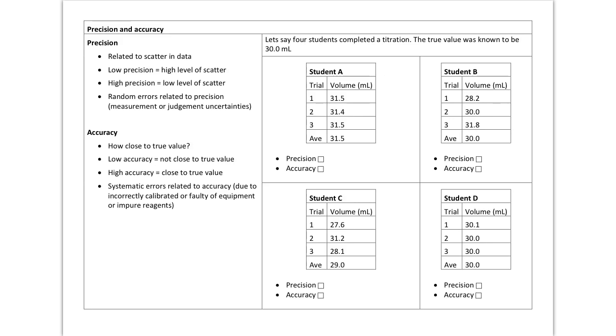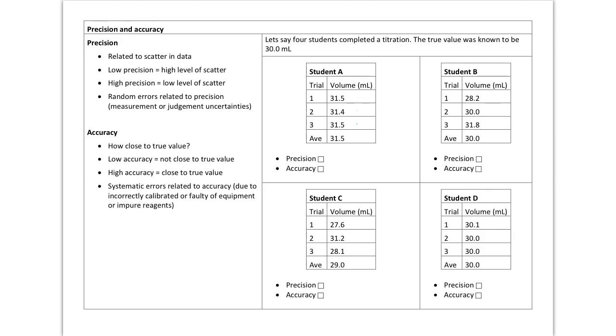So let's just see how this might look in an experiment. Let's say 4 students completed a titration. The true value was known to be 30 millilitres. And we have the 4 students' results here. So let's have a look at each of these students' results. Firstly, this student got results of 31.5, 31.4, 31.5.